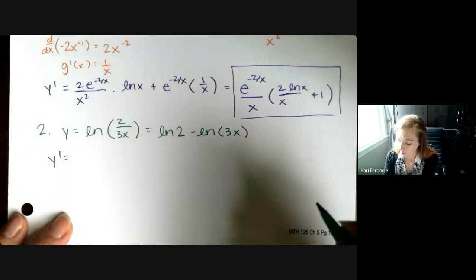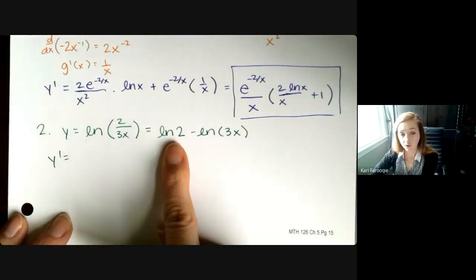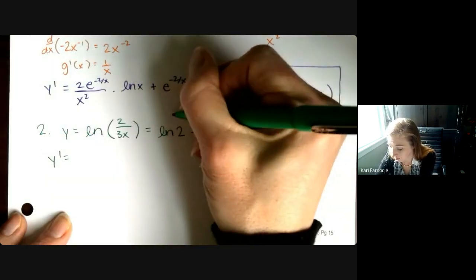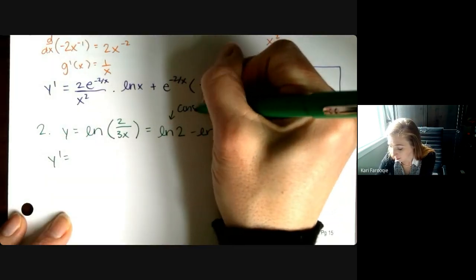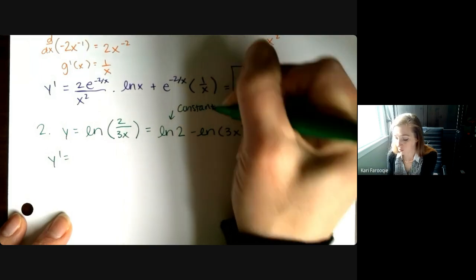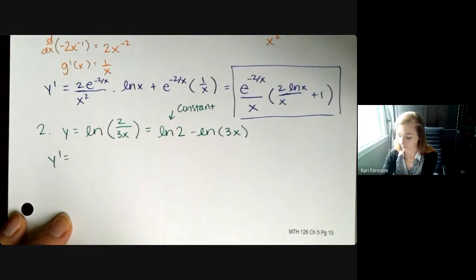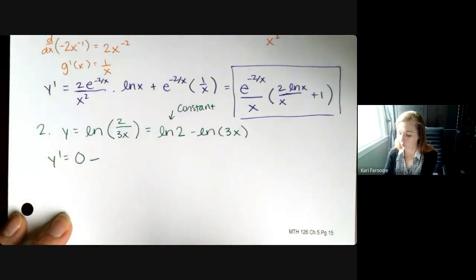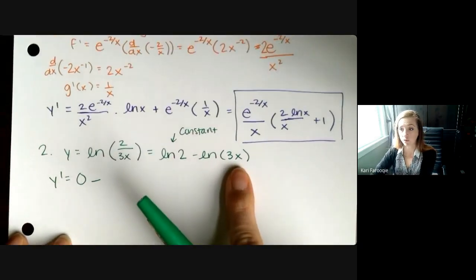So we'll say that y prime is the derivative of the first term. Now remember, the natural log of a number is also a number. You can put this into your calculator, you'll get a number. It's a constant. The derivative of a constant is 0. Now we're going to use our new derivative rule to take the derivative of the natural log of 3x.